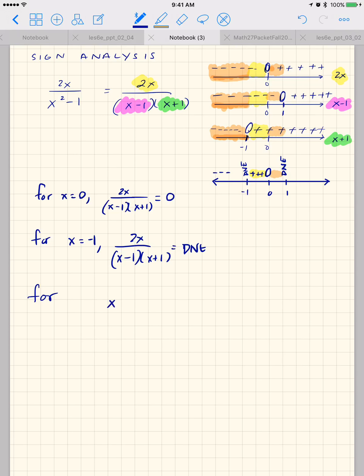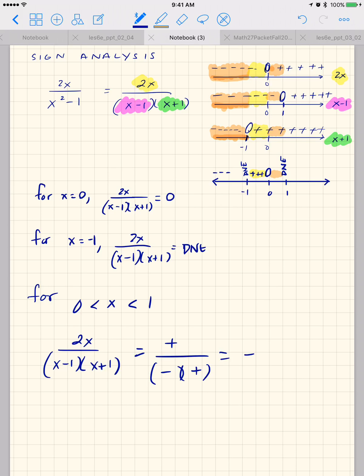So for x between 0 and 1, 2x divided by (x minus 1)(x plus 1) is going to be a positive divided by a negative times a positive. That is a negative, so this should be negative.